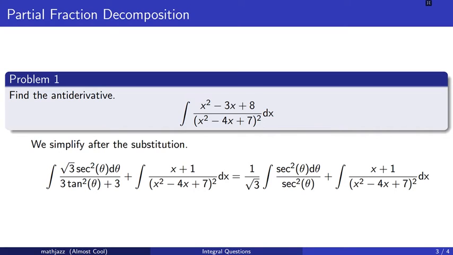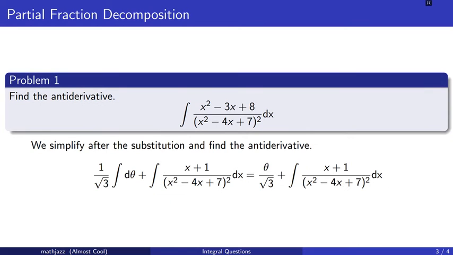The 3 comes out, the square root of 3 comes out, leaving us with a 1 over the square root of 3 as our coefficient on that integral. Tangent squared theta plus 1 is secant squared theta. The numerator cancels with the denominator, leaving us with a fairly nice 1 over the square root of 3 times the integral of d theta.